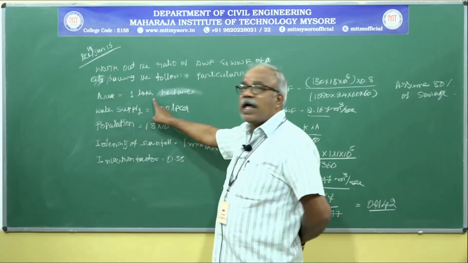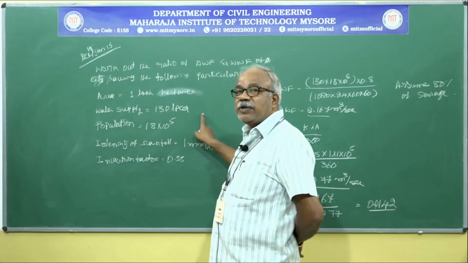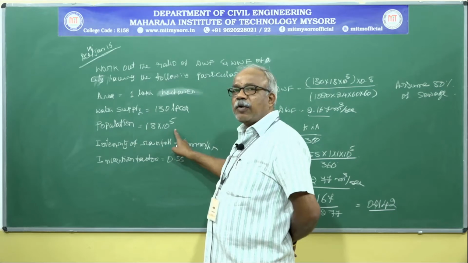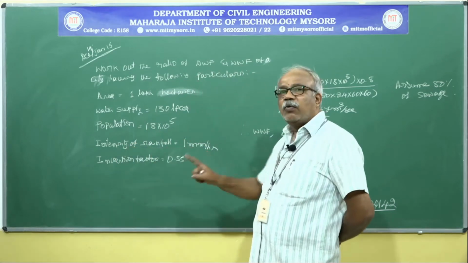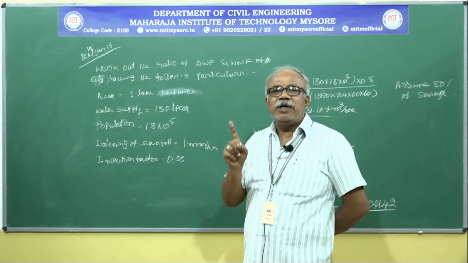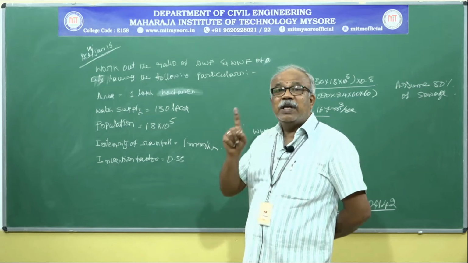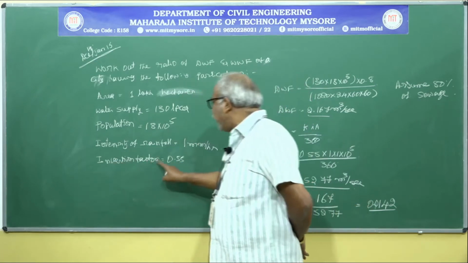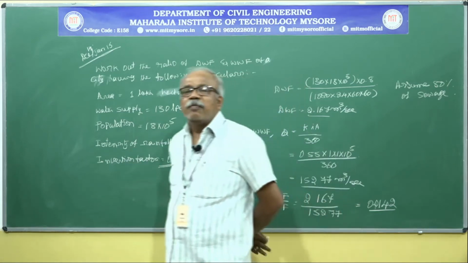Area 1 lakh hectares, water supply 130 LPCD, population 18 into 10 to the power of 5, intensity of rainfall 1 millimeter per hour, not per second, and inversion factor 0.55. This is the problem.